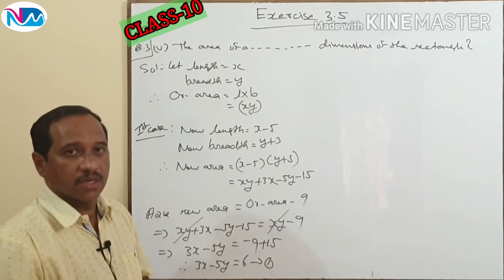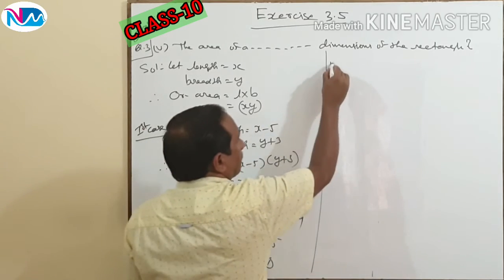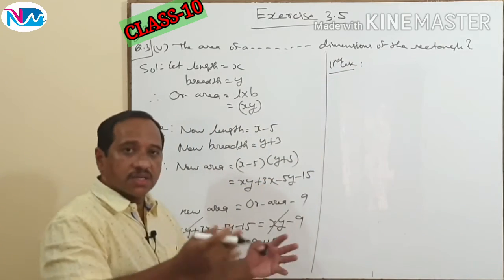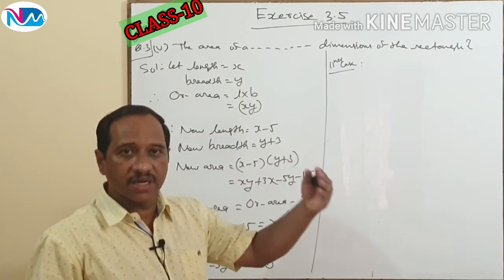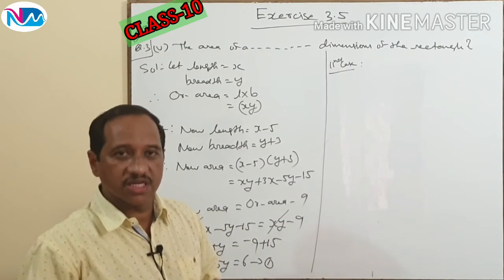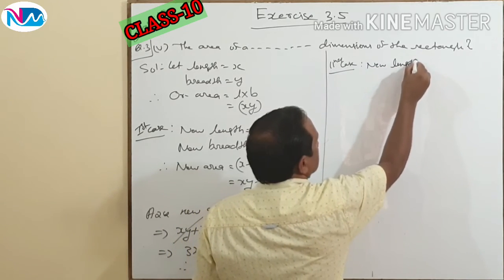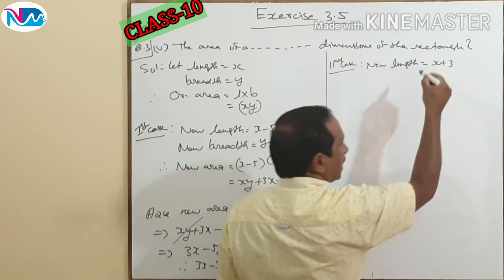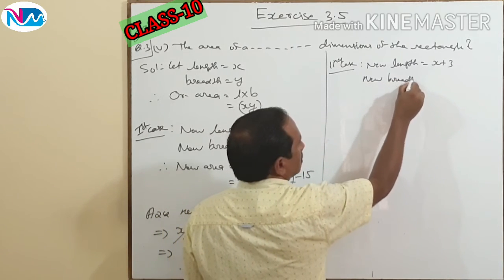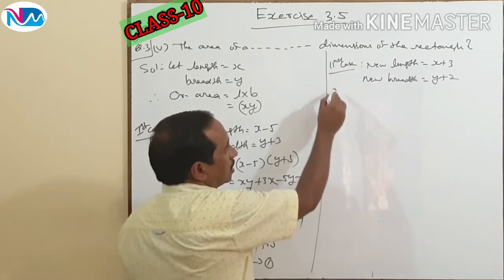which is the first equation. Now we focus on the second condition or second case. According to the second case, the length and breadth are increased by 3 units and 2 units respectively. So the new length will be x plus 3 and the new breadth will be equal to y plus 2.